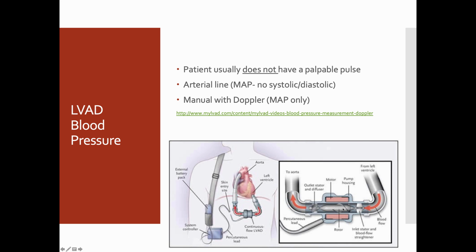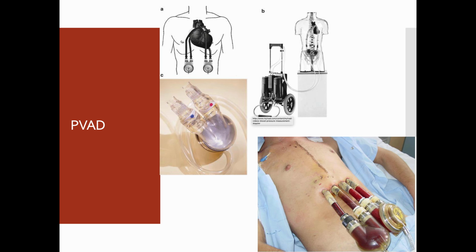The heart does beat, but the majority of the blood is being moved by this device, and so there really is no pulsatile flow. So we monitor the arterial pressure as the mean, and we do that with a Doppler device. There's a little video here for you to watch, and I'll let you do that on your own.